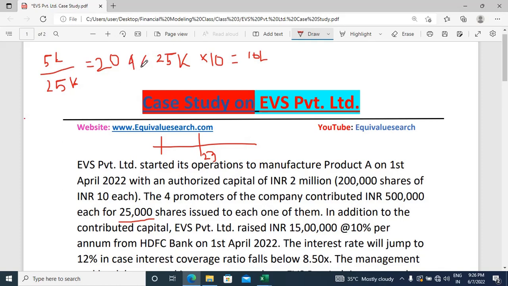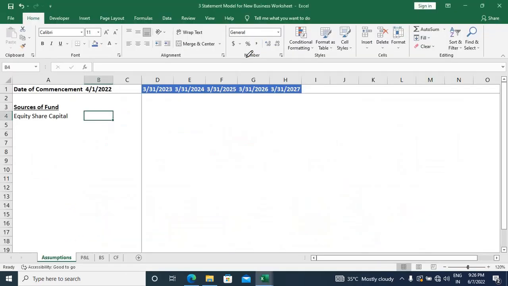So 4 promoters multiplied by 25,000 shares each multiplied by 10 rupees is going to be 10 lakh. So in the equity share capital I'm going to write down 10 lakh.